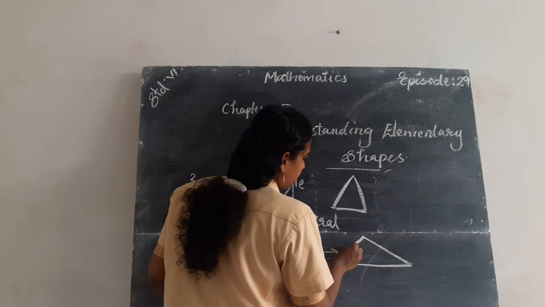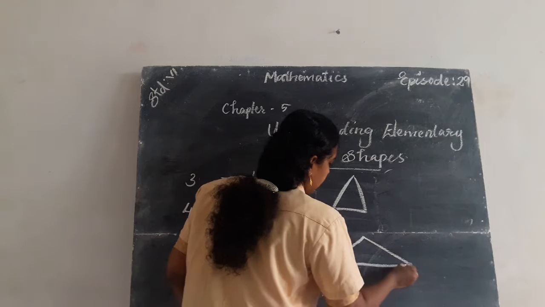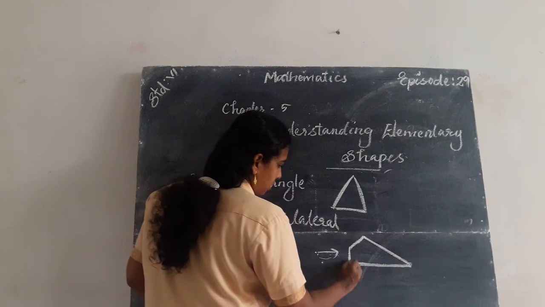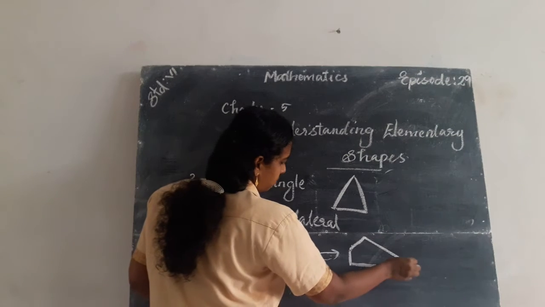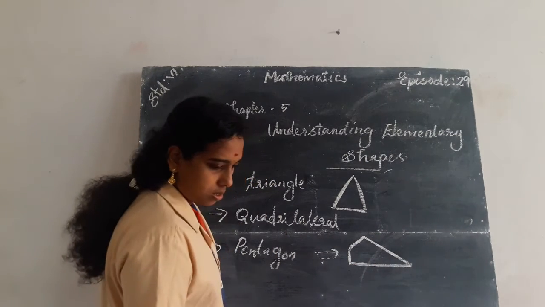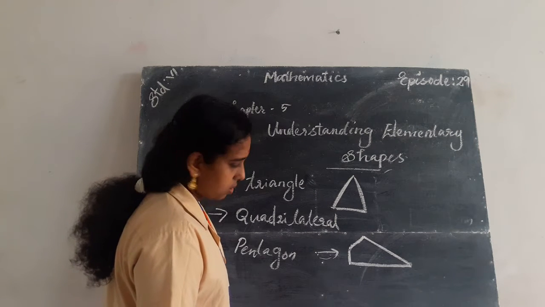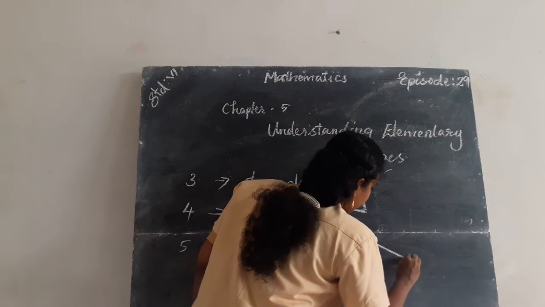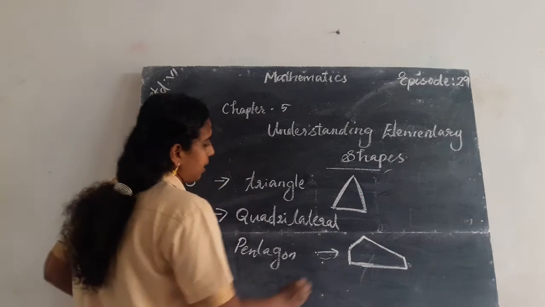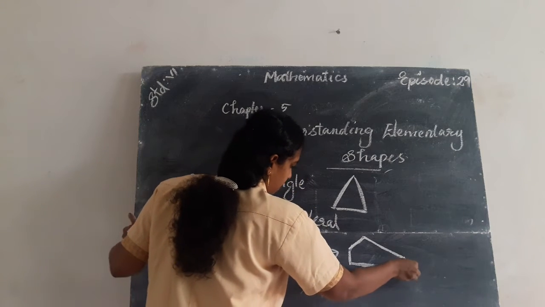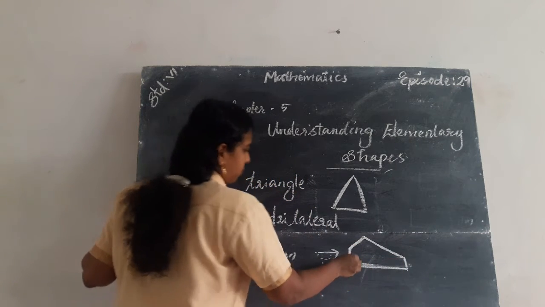The earlier figure had 4 sides, a quadrilateral. Here, first side, second side, third side, fourth side and fifth side.